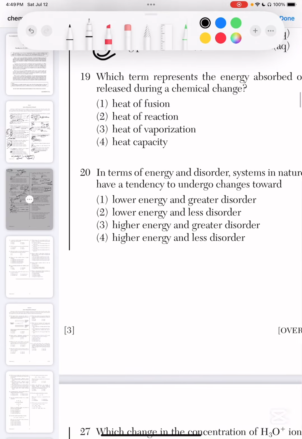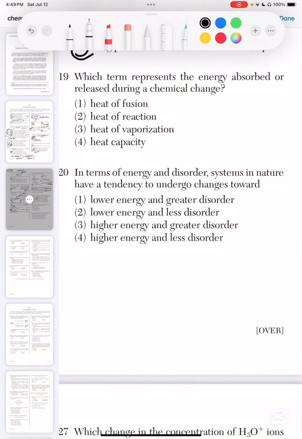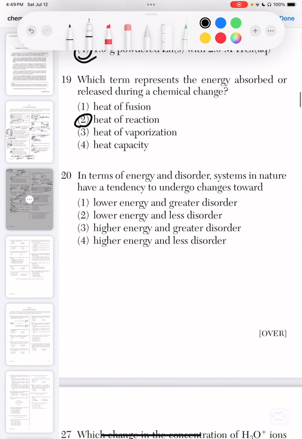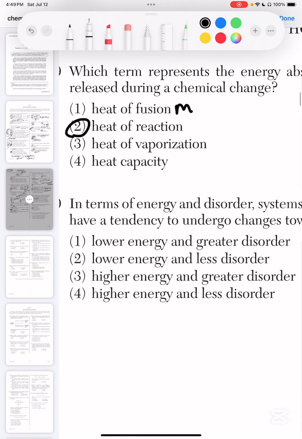So there's that. Which term represents the energy absorbed or released during a chemical change? Heat of reaction. Heat of fusion is for melting. And then heat of vaporization is for evaporation.